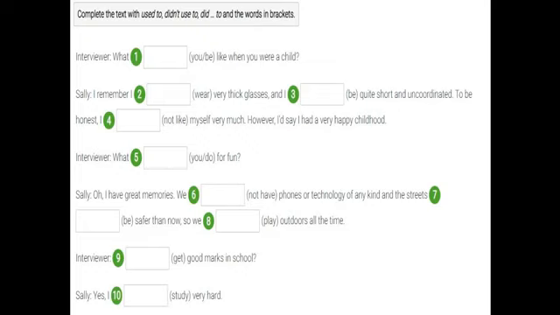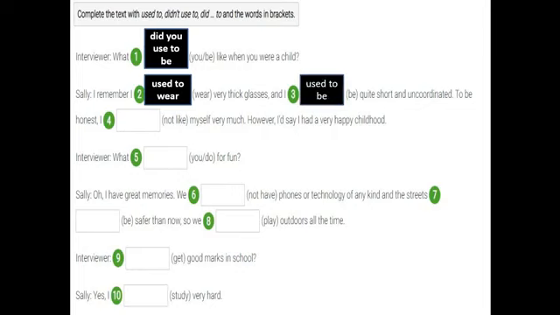What did you used to be like when you were a child? Sally: I remember I, the verb to wear. I remember I used to wear very thick glasses. And I, the verb to be, used to be quite short and uncoordinated.